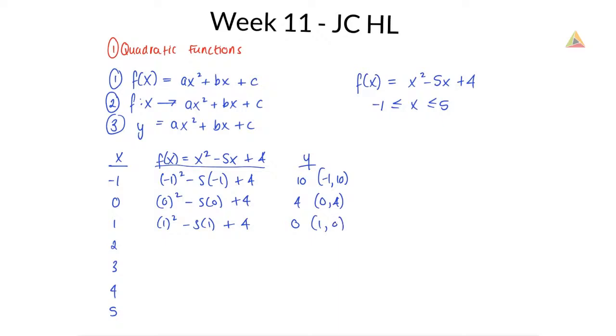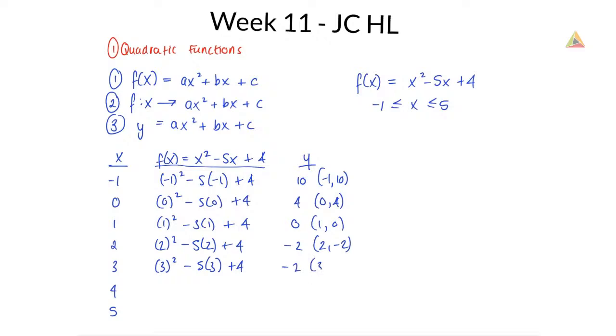The next point is 2 squared minus 5 by 2 plus 4. When you put that into the calculator, you'll get -2. So your point is 2, -2. The next point is 3 squared minus 5 by 3 plus 4, and you get -2 again.